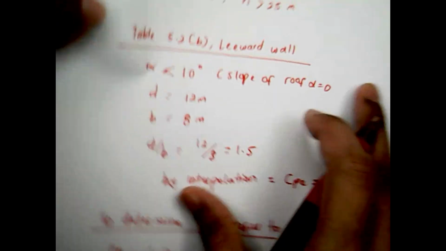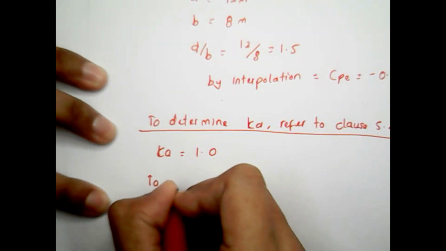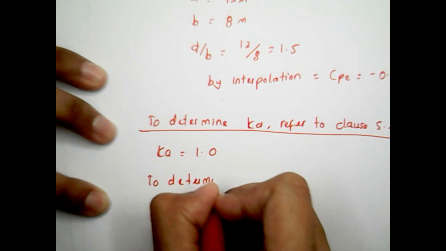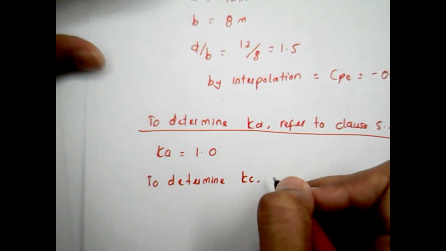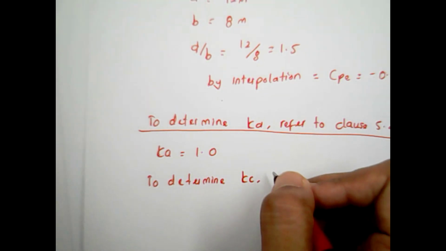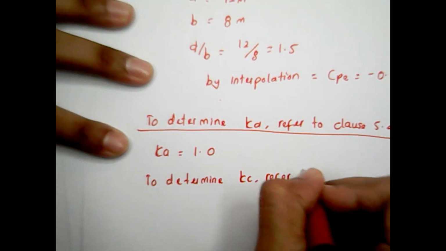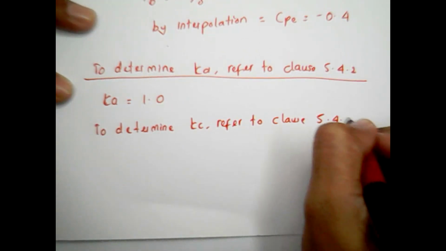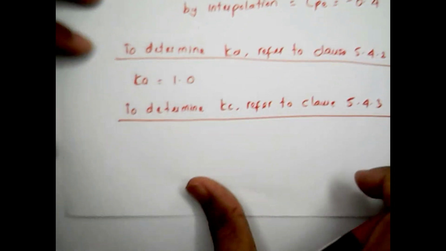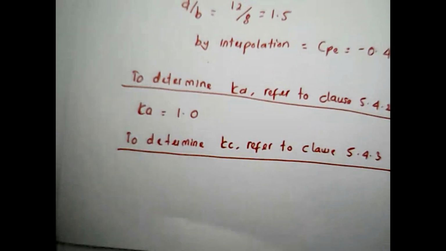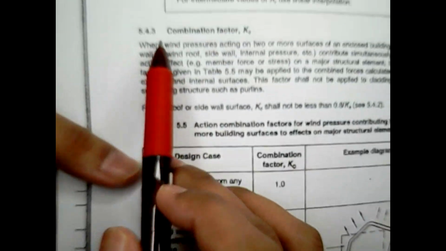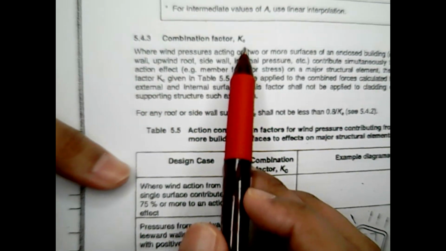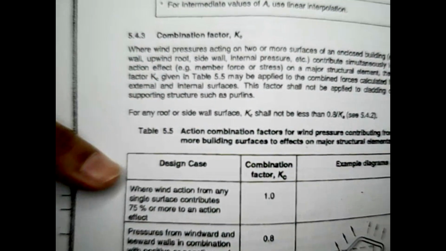So next, we have done our KA, so then we find what is our KC. To determine KC, you have to refer to clause 5.4.3. So for clause 5.4.3, this is the clause for you to determine KC, which is the combination factor.